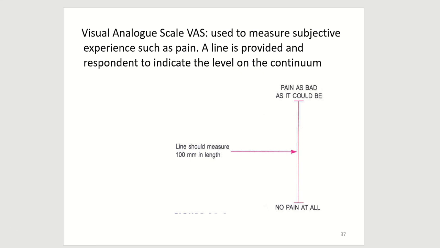There are other types of visual analog scales out there. In hospitals they use faces, and others. All of these are also techniques of data collection, and there's so much to talk about data collection techniques.